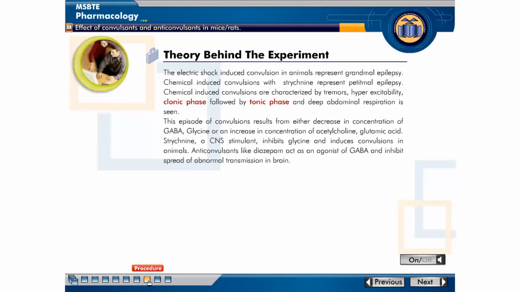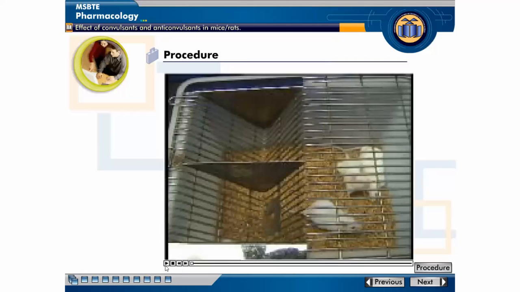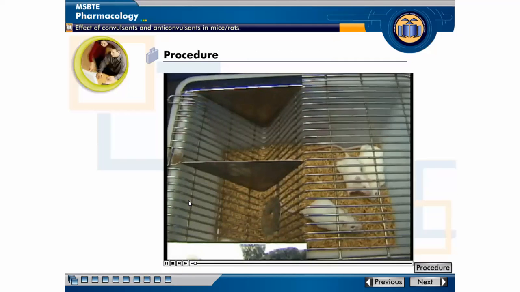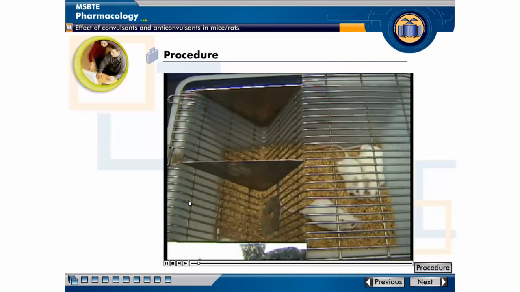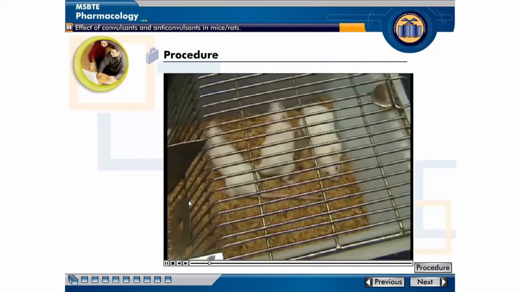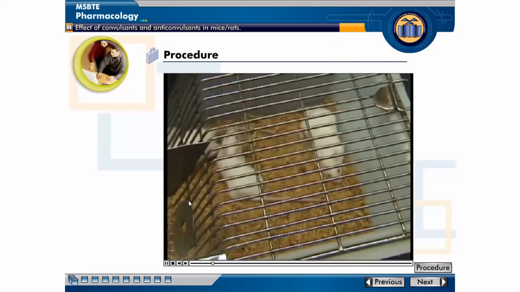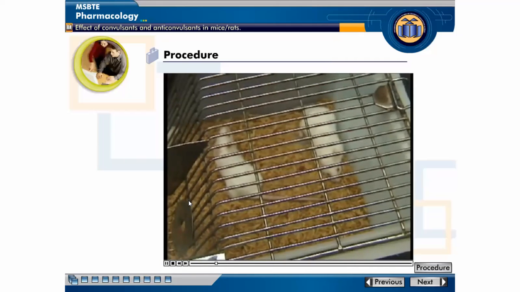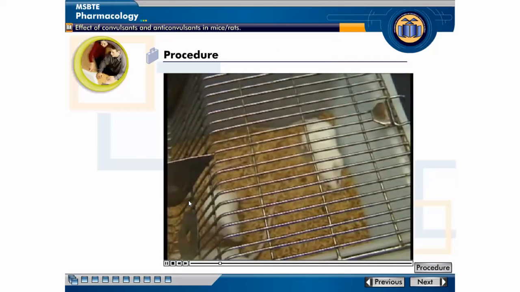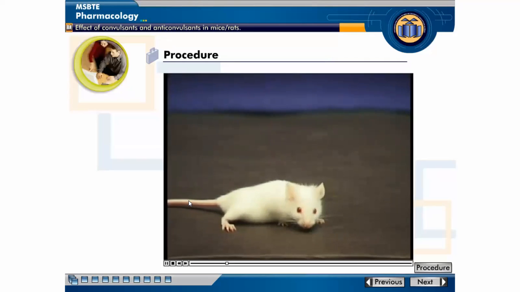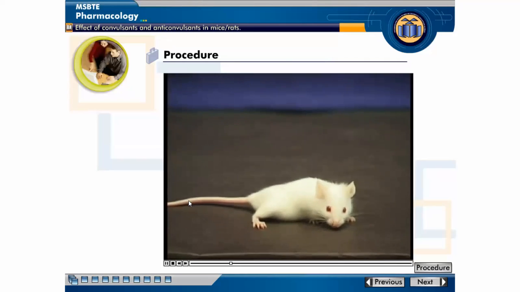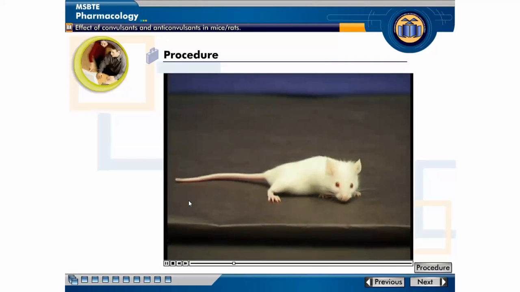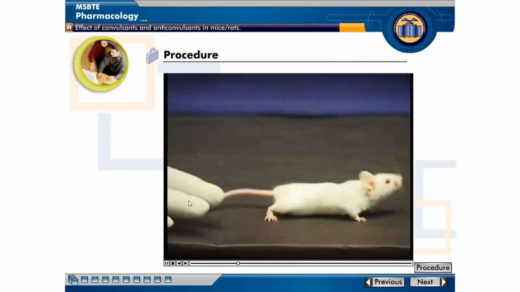The next point is the procedure. To study the effects of convulsant and anticonvulsant in mice, select 2 adult healthy mice weighing not less than 20 gram and label them as mice A and mice B. Observe their normal posture and normal muscle tone, particularly in limbs and tail.